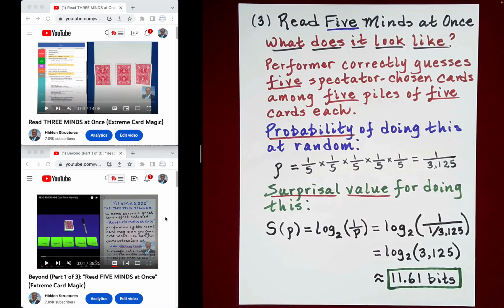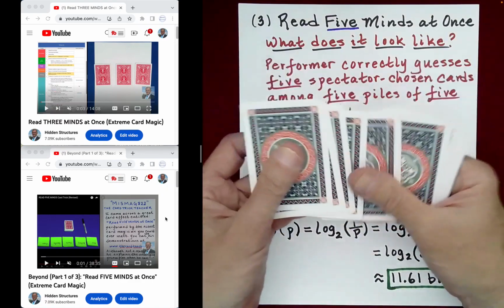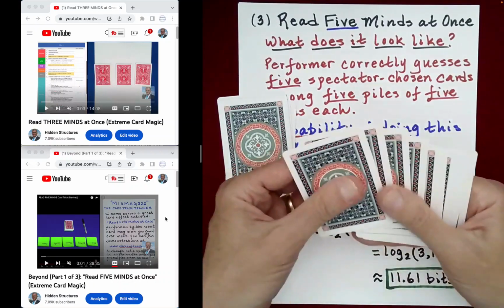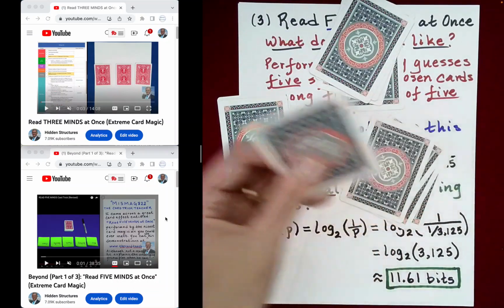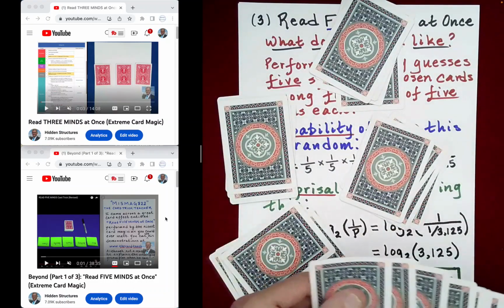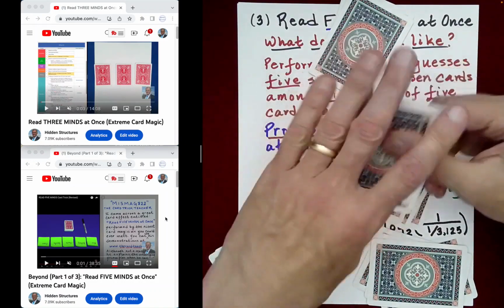So once again, this involves 5 piles of 5 cards each. The spectator's free to randomly choose these. I'm just setting out cards so that you can kind of imagine what this would look like. Okay, so 5 piles of 5 cards each, randomly dealt to the table. And then the spectator goes through.